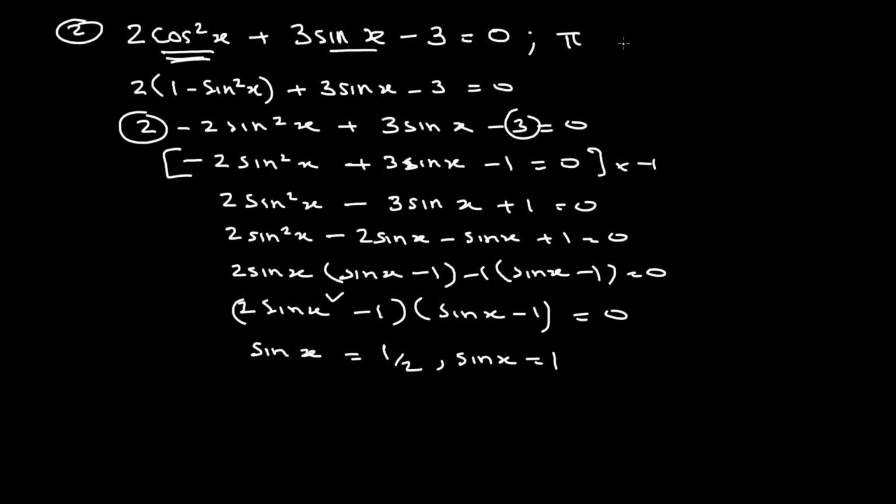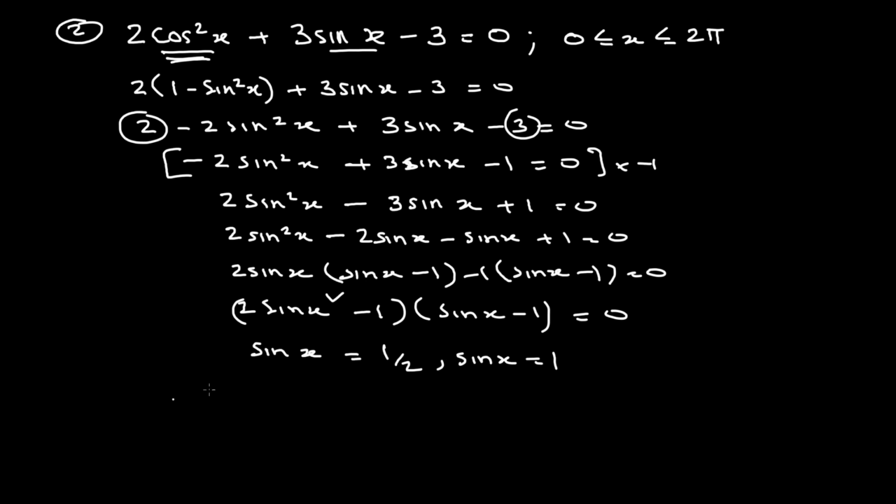Okay, so now I'm forgetting to write this. The domain here is going to be 0 less than or equal to x less than or equal to 2 pi. So that's up to 360. So that's our domain. So we're looking for those solutions.